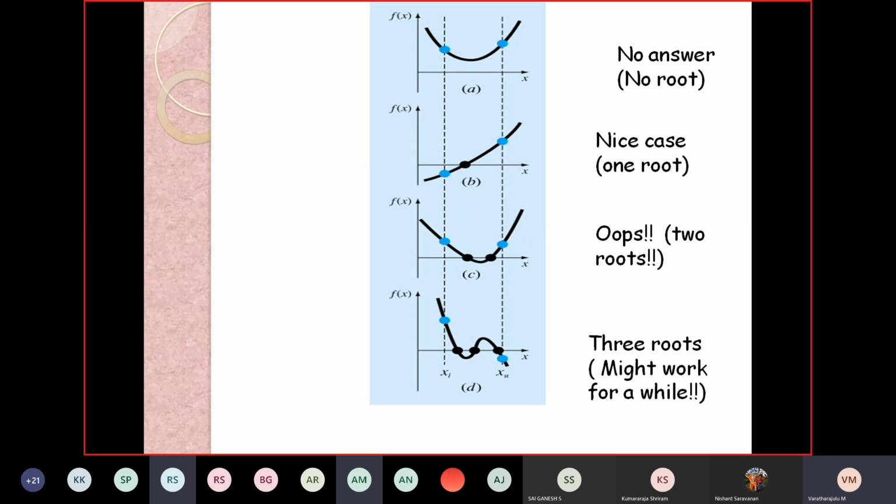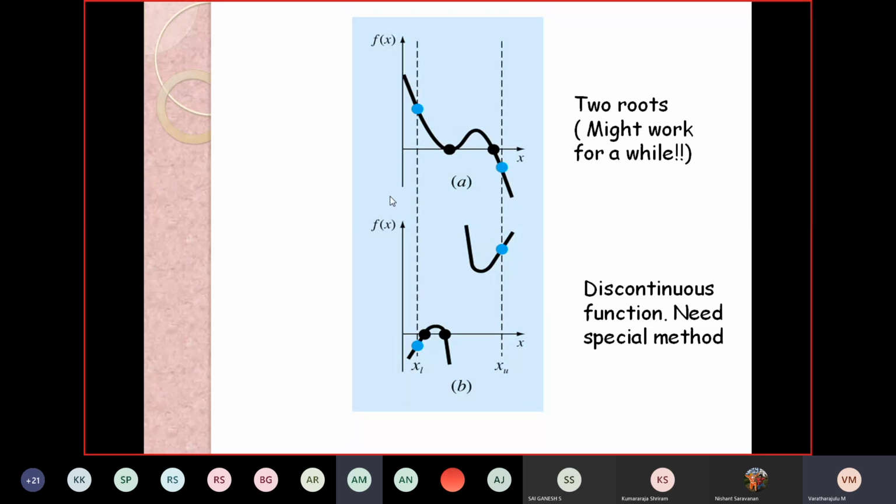As we did in the iteration method or in Newton-Raphson, where we start from one particular point, here the particular zone is given by the dotted lines, that is xl and xu. Concerning this particular case, A has two roots. In this second case, a discontinuous function needs a special method to solve the problem.